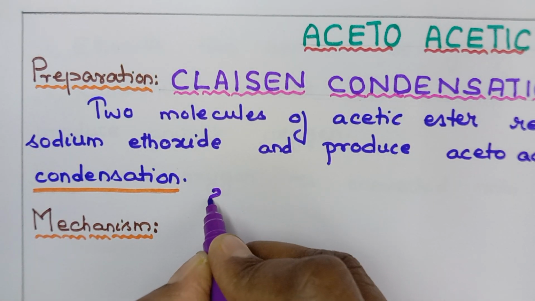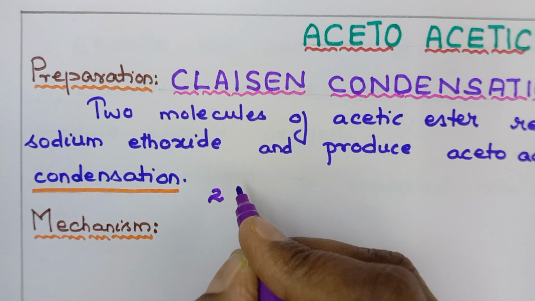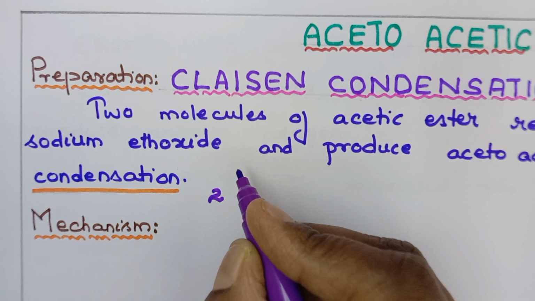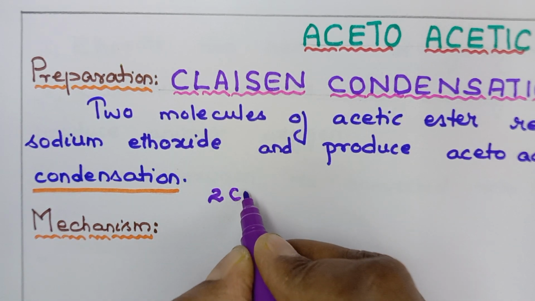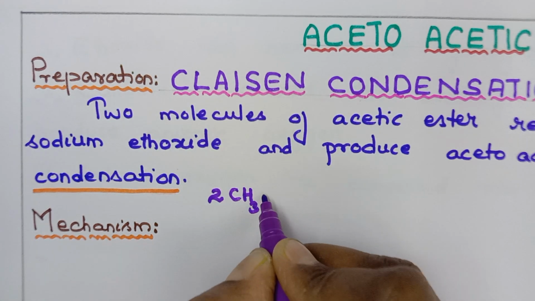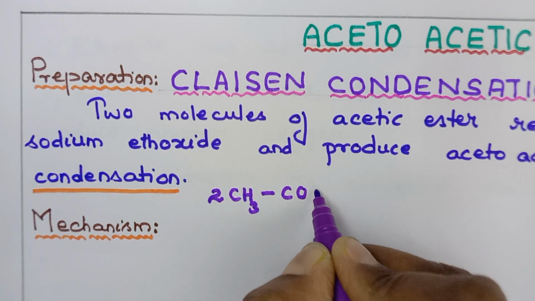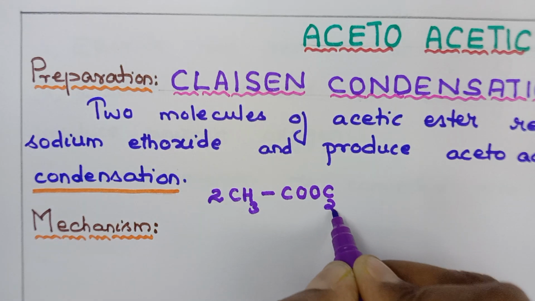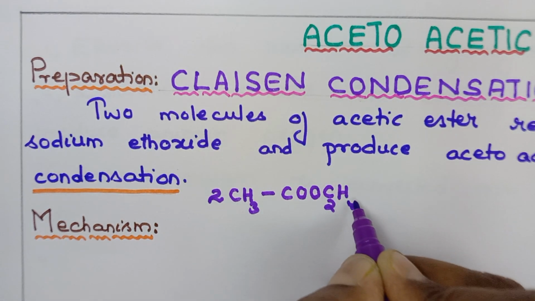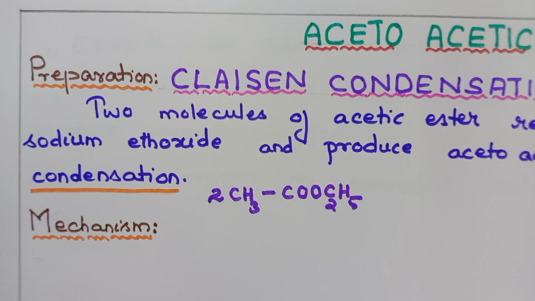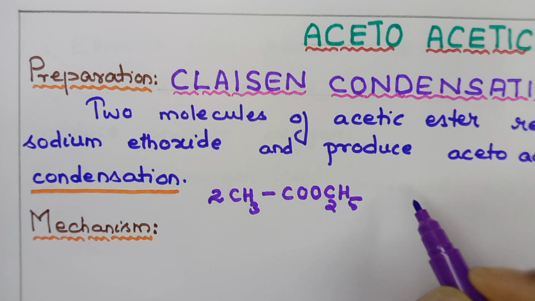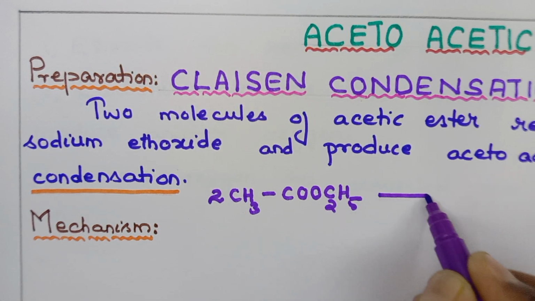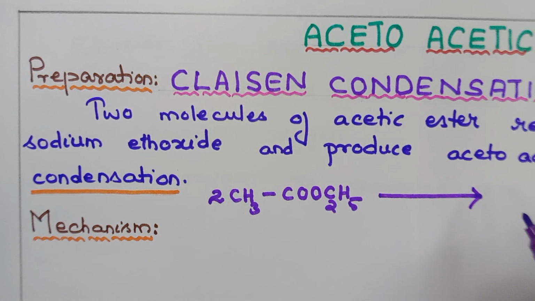Two molecules of acetic ester. Do you know the formula of acetic ester, students? CH3COOC2H5. So two molecules of CH3COOC2H5 are reacting with one another in the presence of sodium ethoxide.